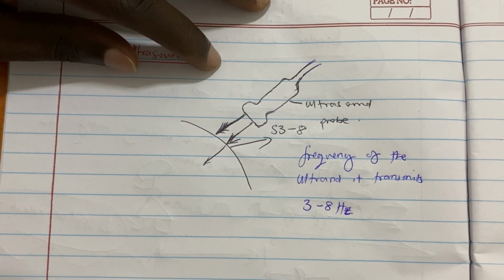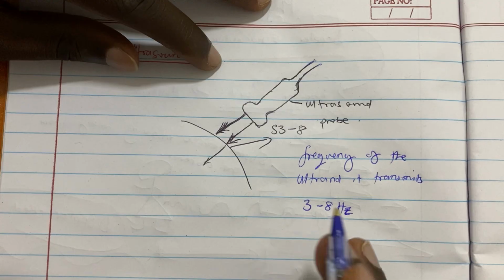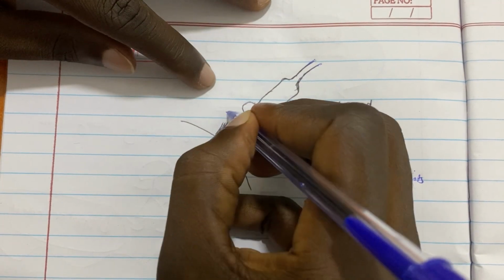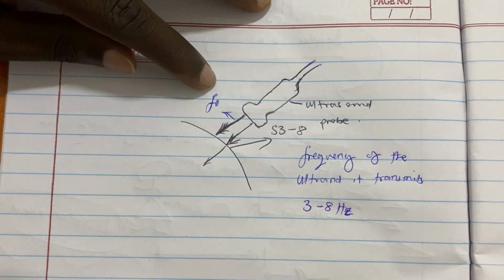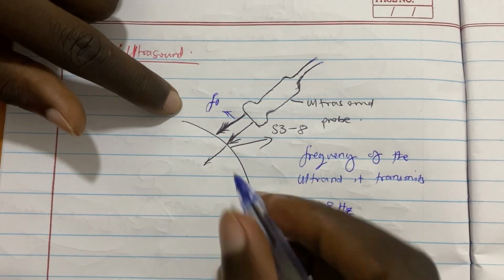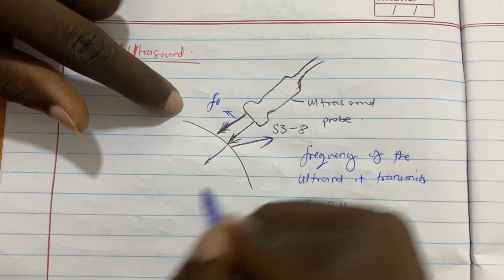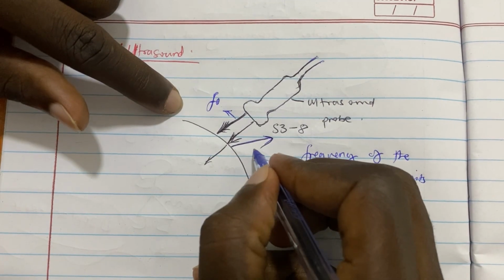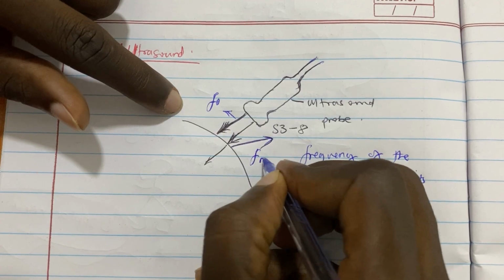So this frequency is the one that is transmitted, and we always name it as F naught, the transmitted frequency.